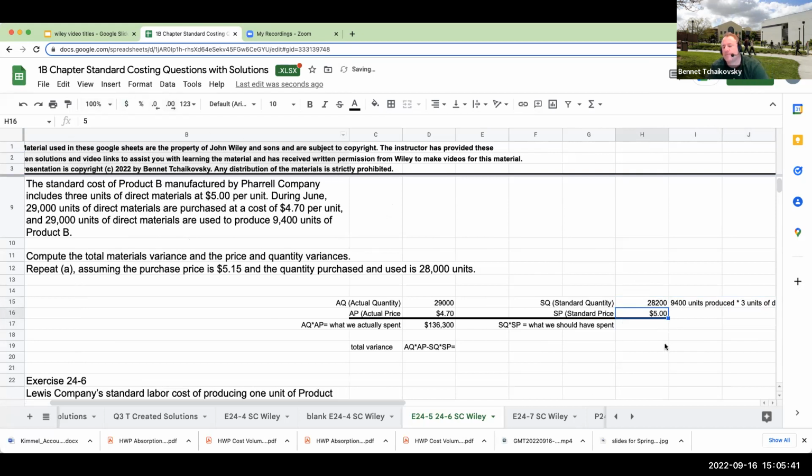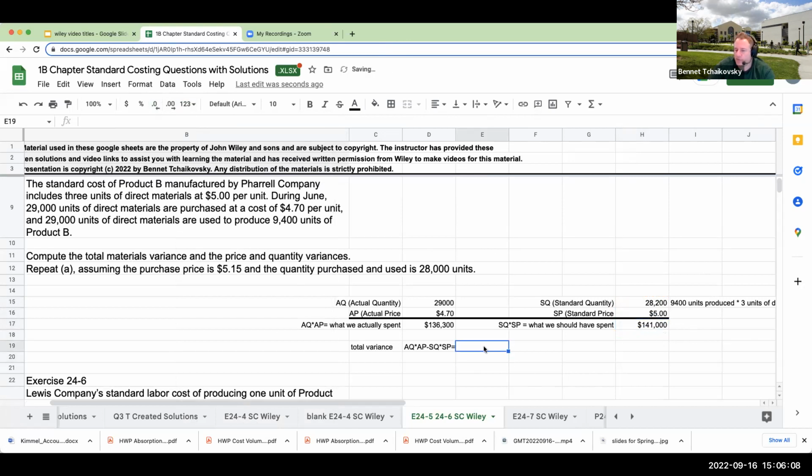So again, 28,200, where did that come from? Well, it's 3 units of direct materials, and I produced 9,400 units. My standard price is $5 per unit. So the amount that I should have spent was 141,000.